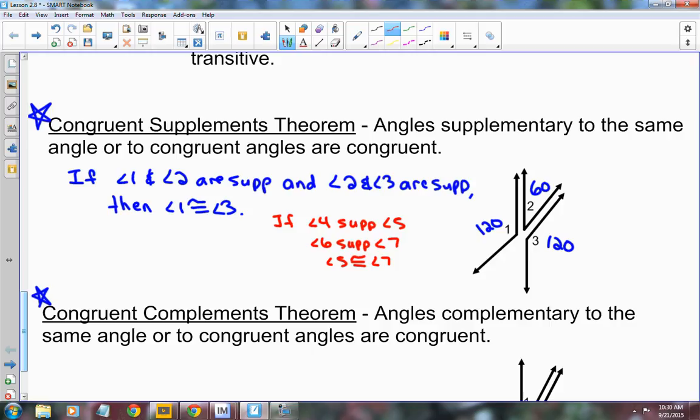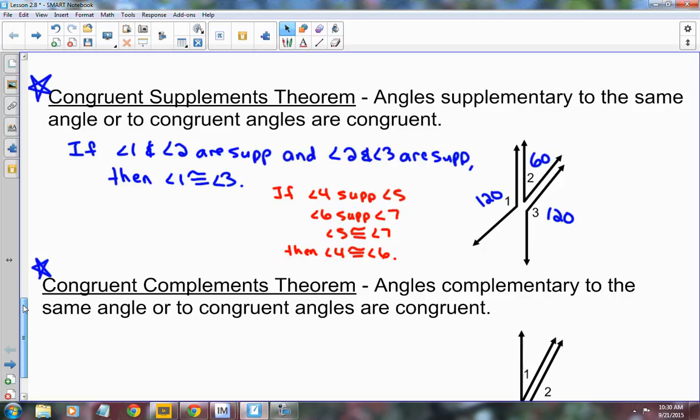Well, what's going to be true about 4 and 6? They're going to be congruent too, right? So angle 4 is congruent to angle 6. It's just like the last one, except they're supplementary to two different angles, but those two different angles have the same measure, so it's the same idea.